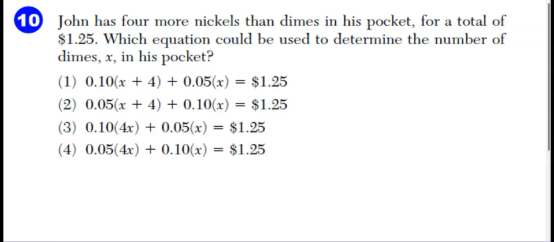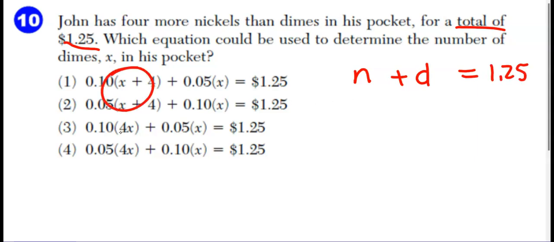Question number 10 is about some nickels and dimes that have a total of $1.25. So my nickels and dimes have a total of $1.25. Now, looks like they're not using N and D, they're using the letter X. So let's see how that fits into our understanding of so far. Well, right now I know that I have some nickels and I have some dimes, and if I add them all together, it's $1.25. I know that nickels are 5 cents, and I know that dimes are 10 cents.